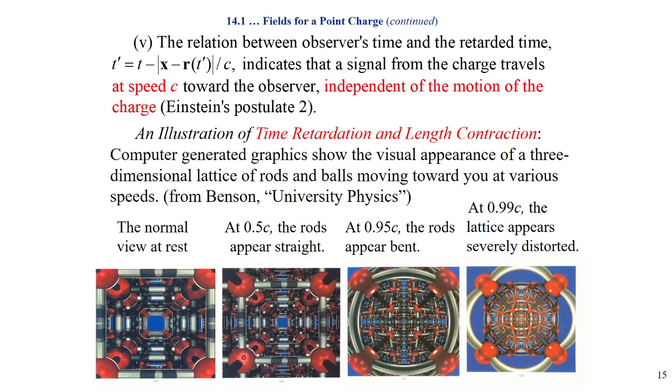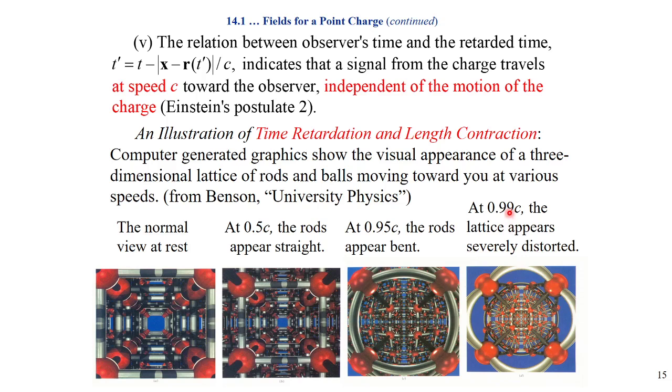It's still straight. If the particle moves much faster, it changes shape. If the particle moves very close to the speed of light, for example 0.99, then the lattice appears severely distorted.